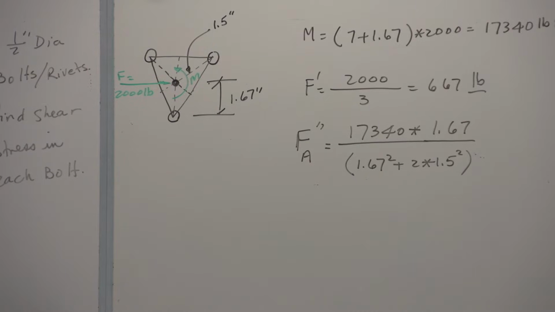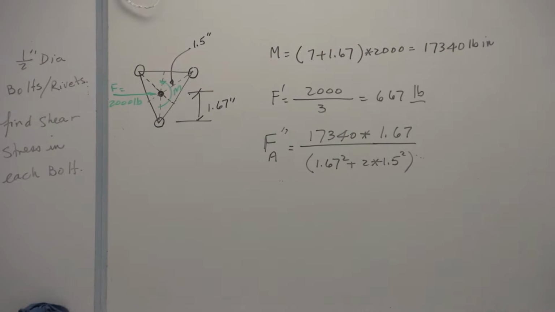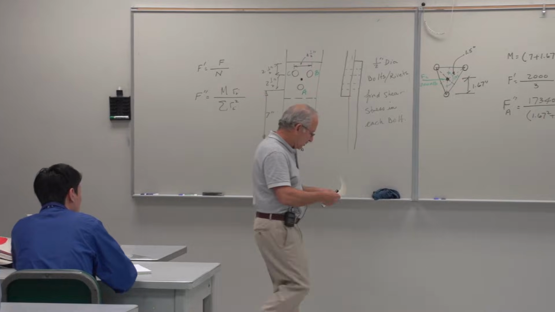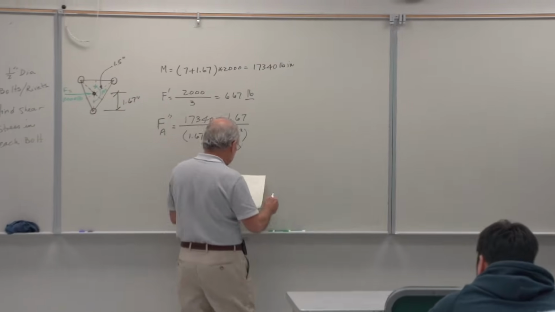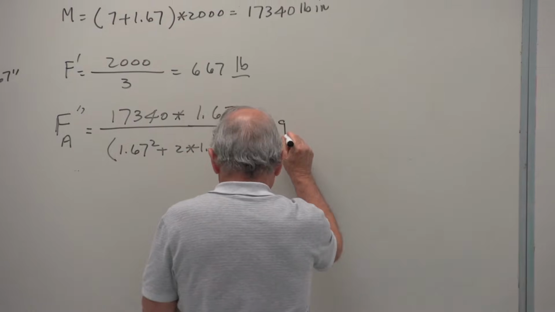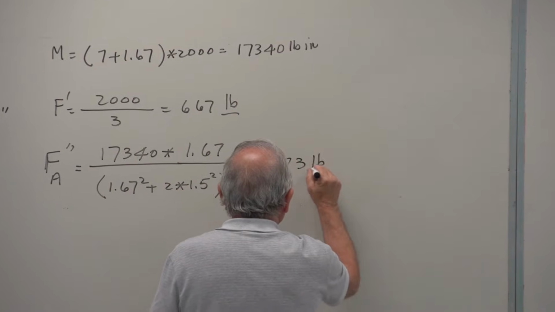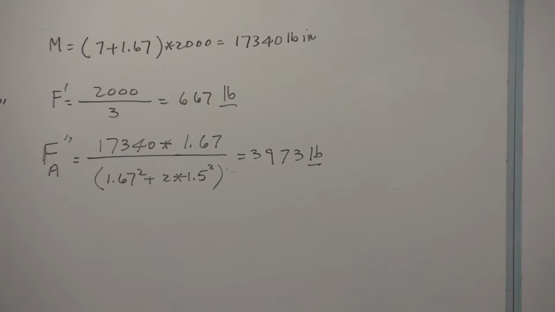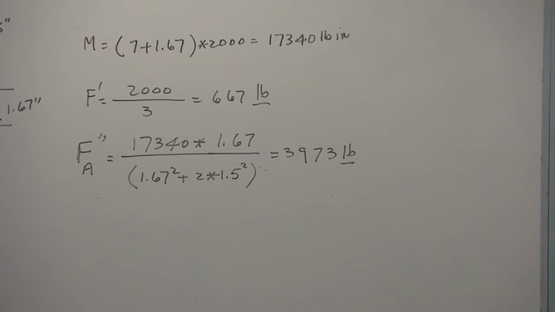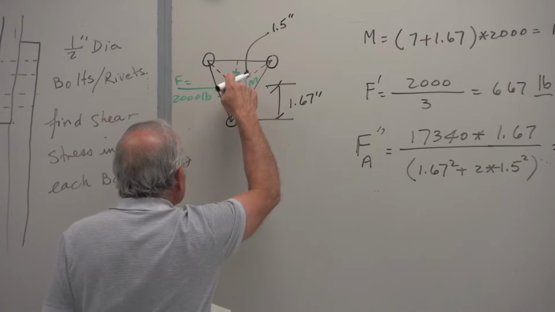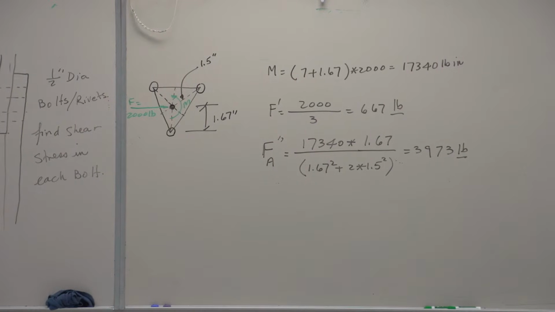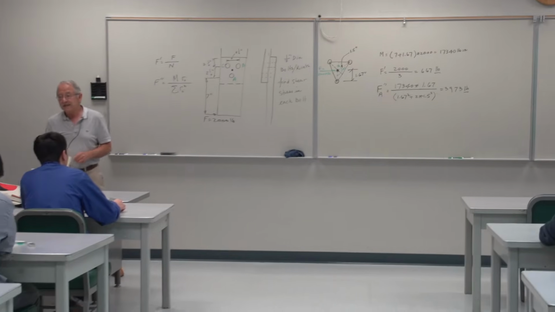Do you have any questions? This comes out to be equal to 3,973 pounds. For B and C, because of symmetry about that axis, the distance from the centroid to B and the centroid to C are equal. Therefore, the secondary force for B and C is the same.